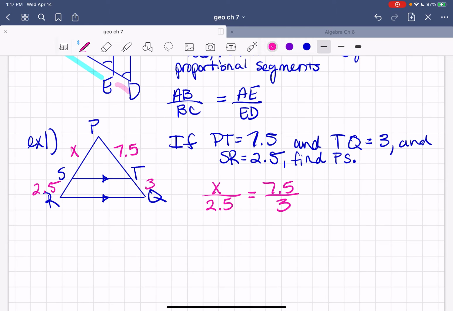Important to note, my two longest sections are kind of grouped together. I don't have them diagonal to each other. So cross multiply.